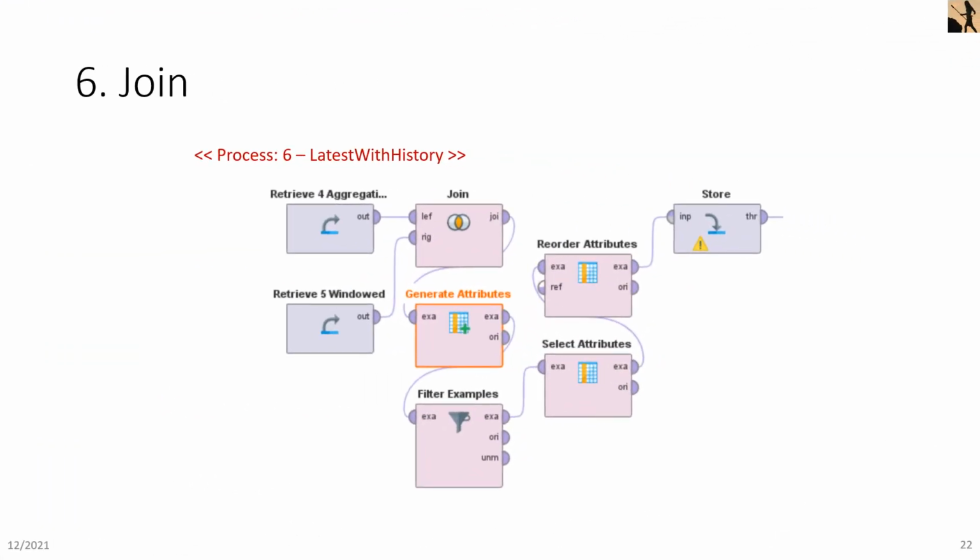Now we can talk about the very last operation that we are interested in, right? We want to combine the attributes we generated along the way. For example, here, we would like to take the output from this aggregation job, and we also like to take information from the history created by the windowing, right?